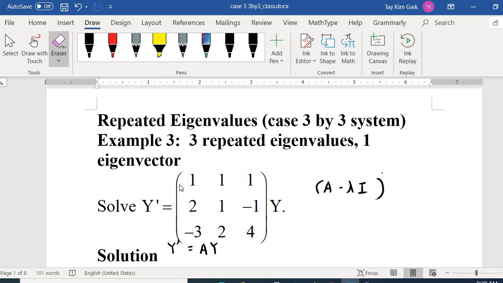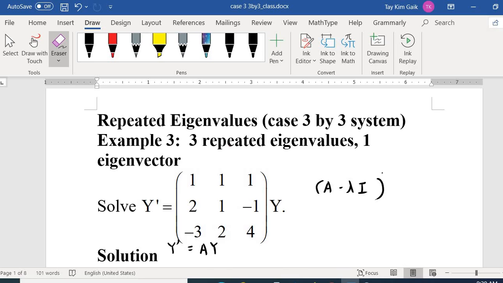To solve this homogeneous system means we want to find the vector y. This is the homogeneous system y prime equal to A y, where the matrix A is 3 by 3: 1, 1, 1, 2, 1, negative 1, negative 3, 2, 4.